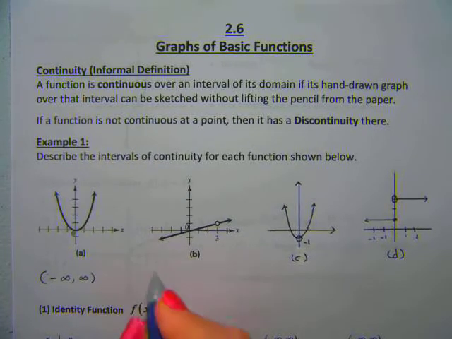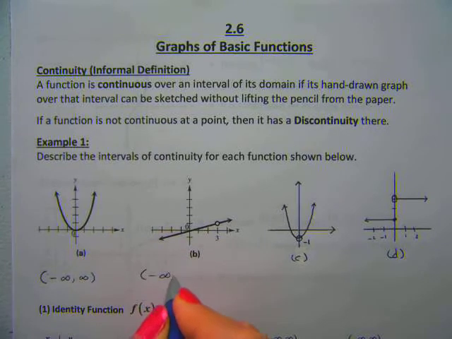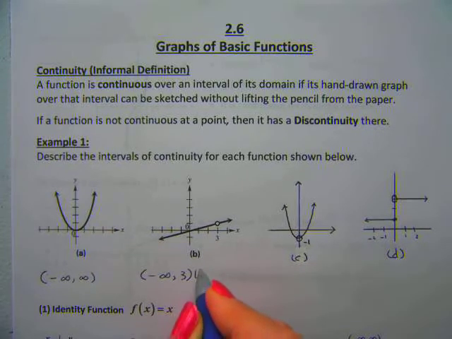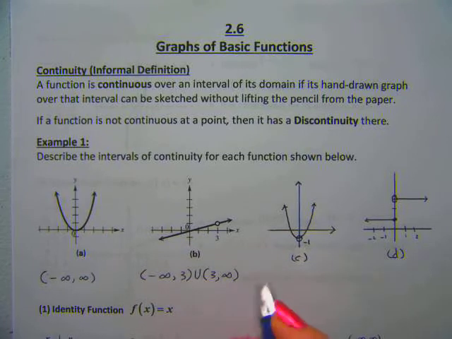It's continuous from negative infinity to 3, but not including 3, and then again, not including 3, to infinity. This is how we explain. We saw that before, where it is all real numbers except one value. So you have an open interval on that value.